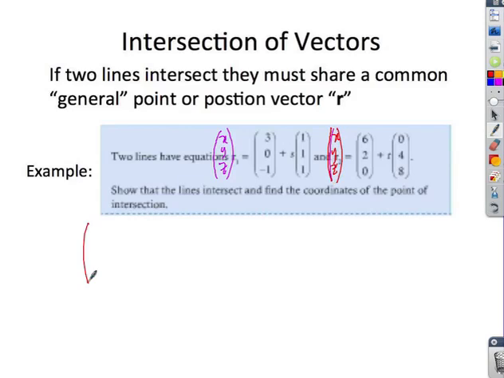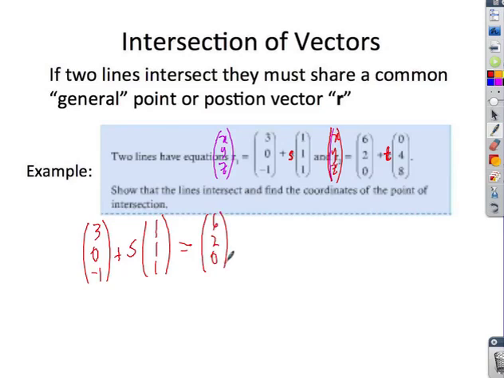You'll set the two equations equal to each other, so you'll go 3, 0, -1, plus, I'm going to use the parameter s in here. Usually s and t are what are used. Quite often it might be Greek letters too, lambda or theta, or beta, something like that. Plus s times 1, 1, 1, at some point has to equal the other equation, which is 6, 2, 0, plus t times 0, 4, 8.